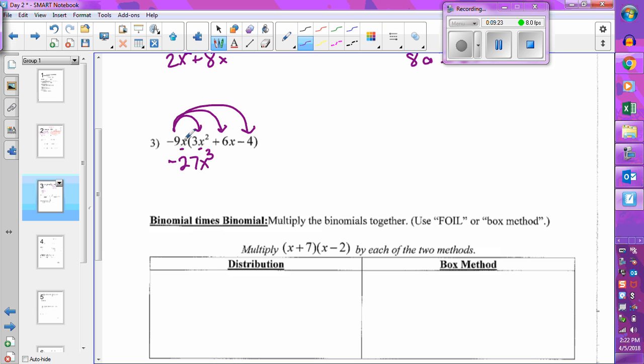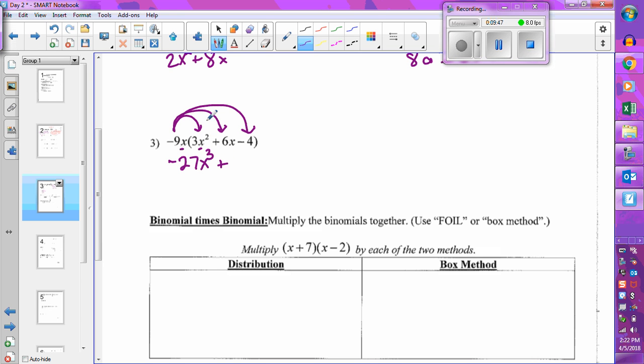So this is a 2, and remember there's an invisible 1 here. So negative 9 times 3 is a negative what? 27. But then there's the same base. So we have x, and we're adding the exponents. This is a 1 and this is a 2, which gave us 3, okay?